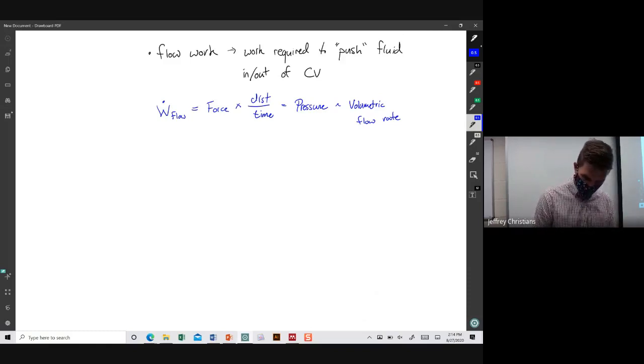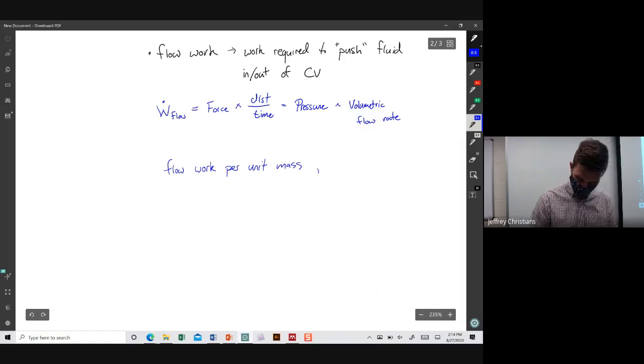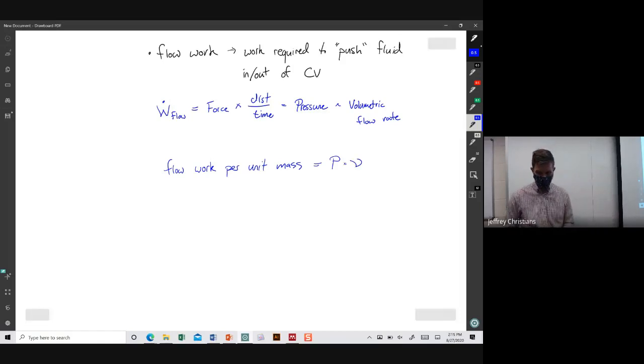So our flow work per unit mass is pressure times specific volume.